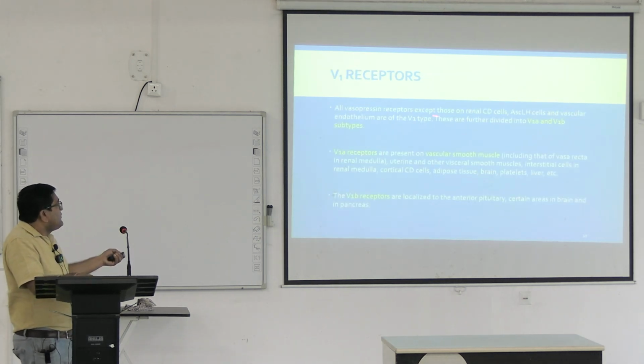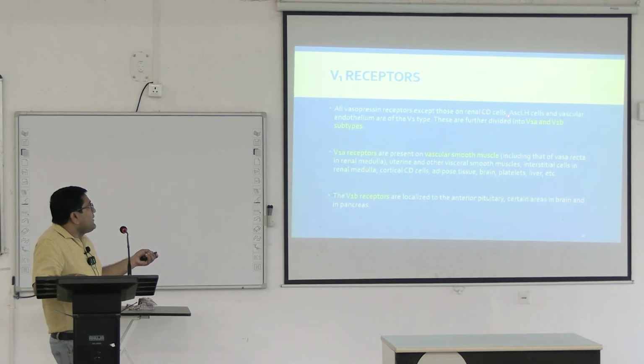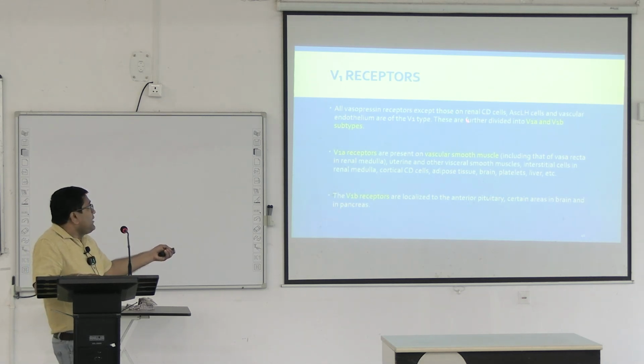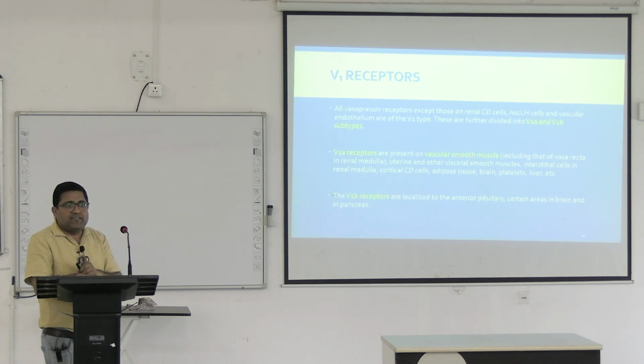So V2 receptors are present in 3 places: primarily on the renal collecting duct cells, in the ascending limb of loop of Henle and the vascular endothelium. There V2 receptors are seen. In the rest of the places V1 receptor is seen.